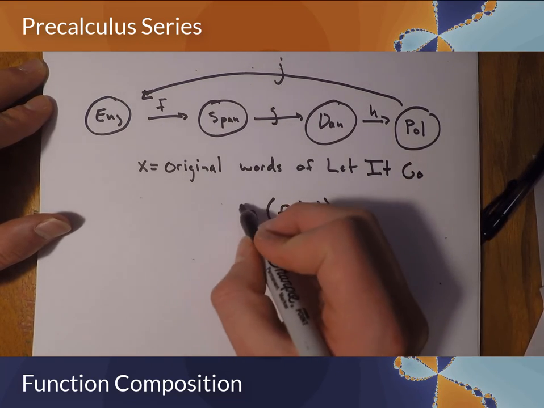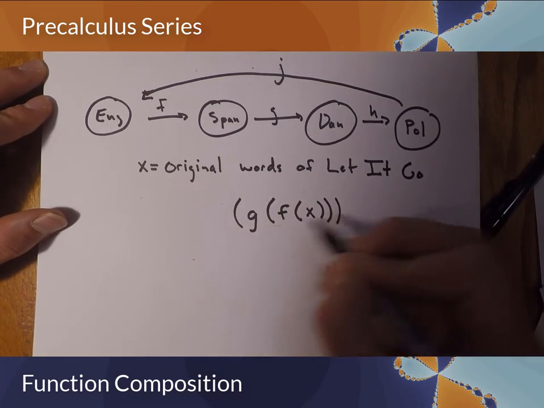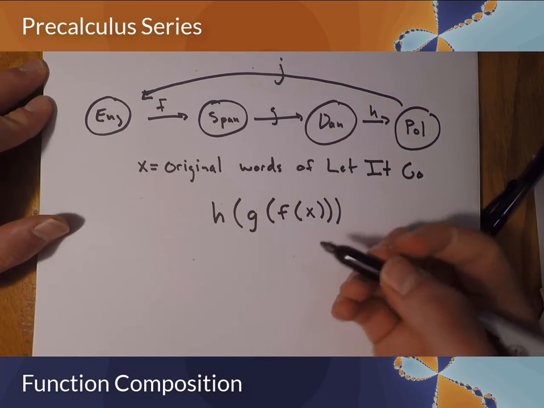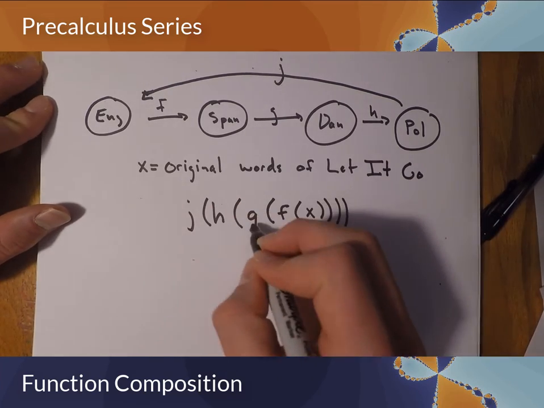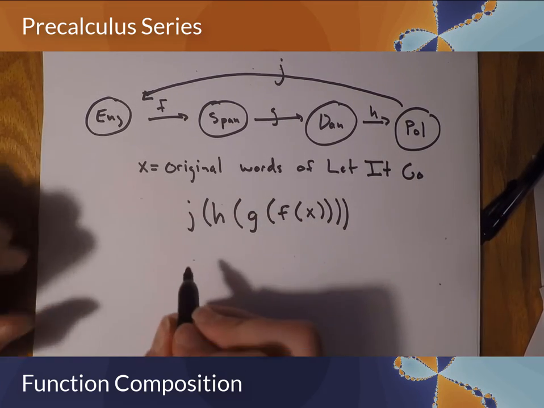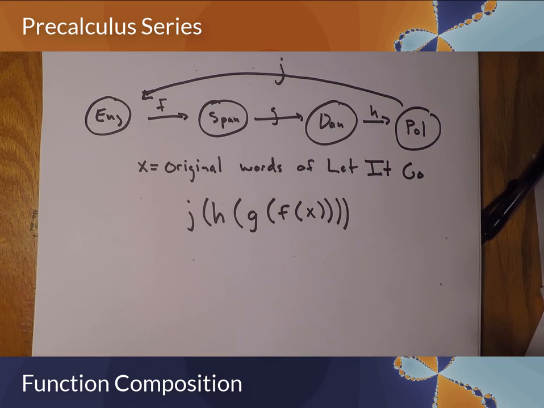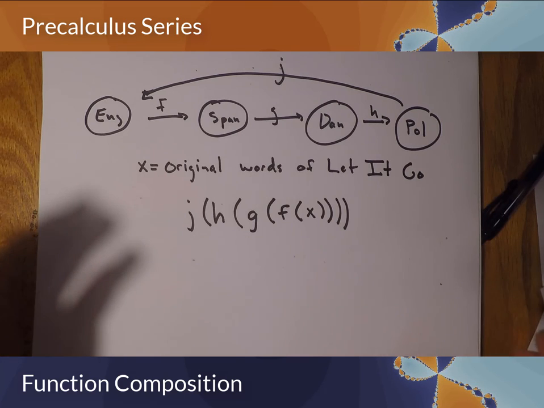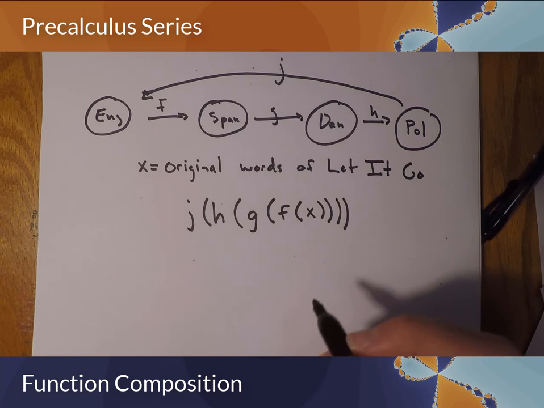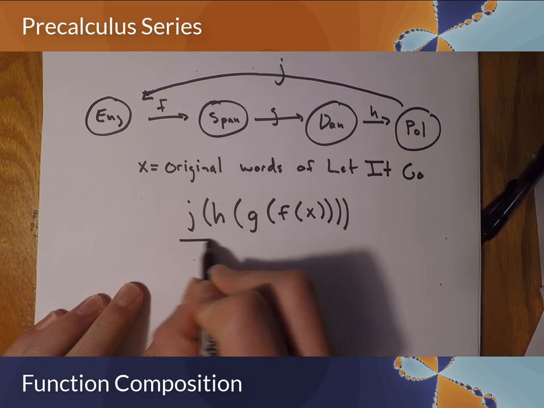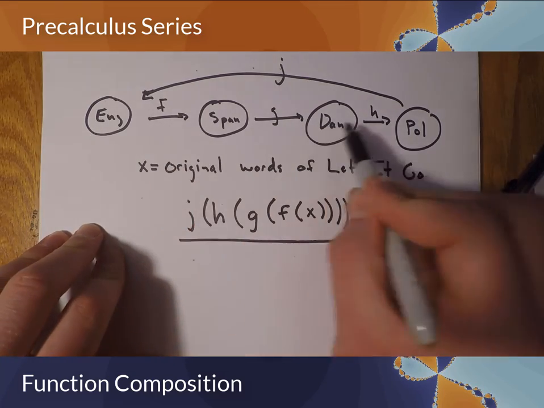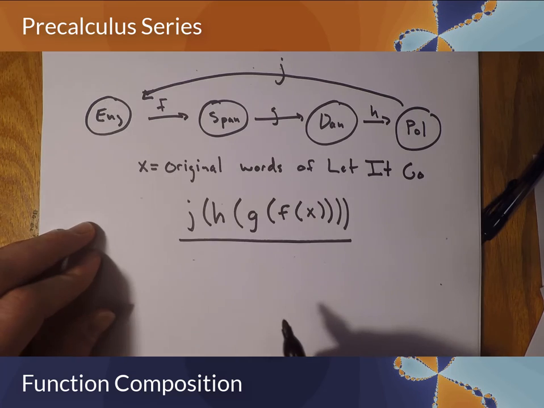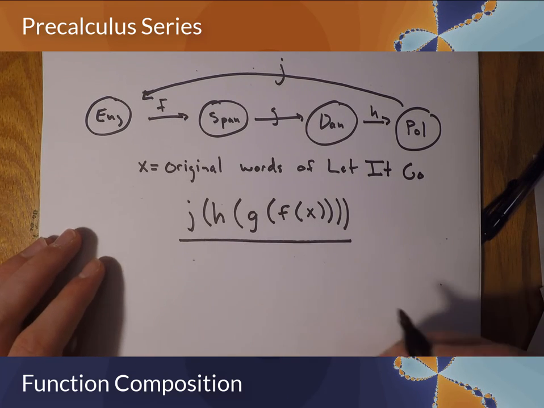To then translate all of this into Polish, it's h of g of f of x. And then to translate it all the way back into English, it's just j of h of g of f of x. And so even though it doesn't use numbers, this really is a practical application of function composition. This is showing the final translation after going from English to Spanish to Danish to Polish all the way back to English. And this is a form of function composition.